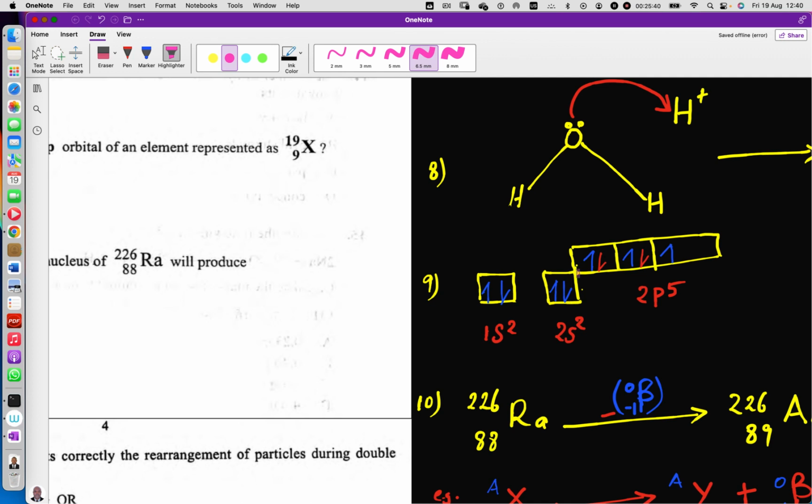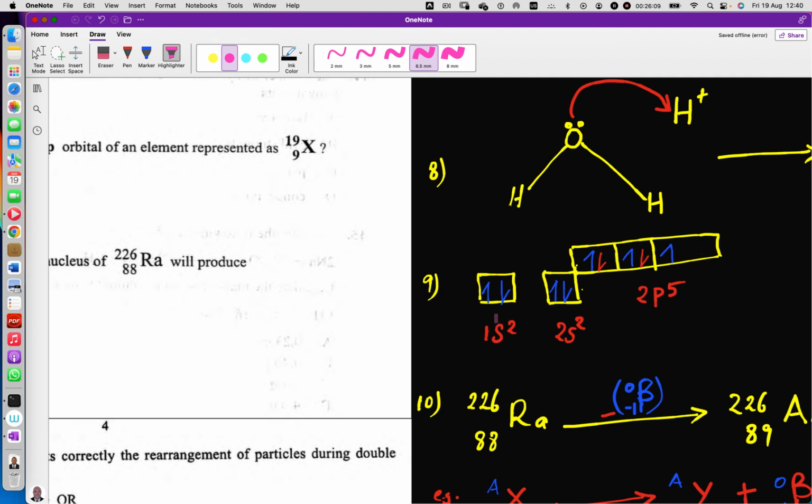Then for the 2p, which is a bit higher than 2s, even though they are of the same energy level, there are 3 sub shells, 1, 2, and 3, and each of them must contain at most 2 electrons.